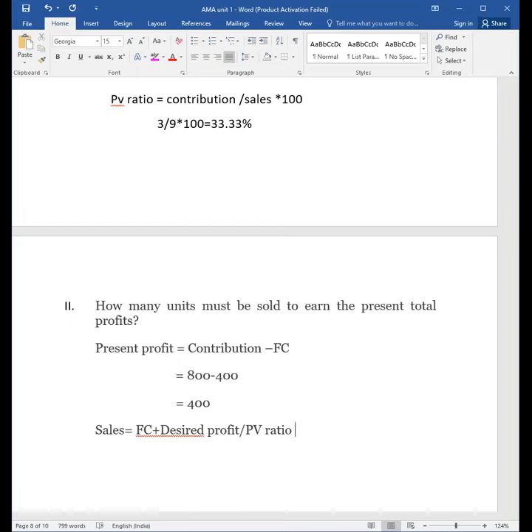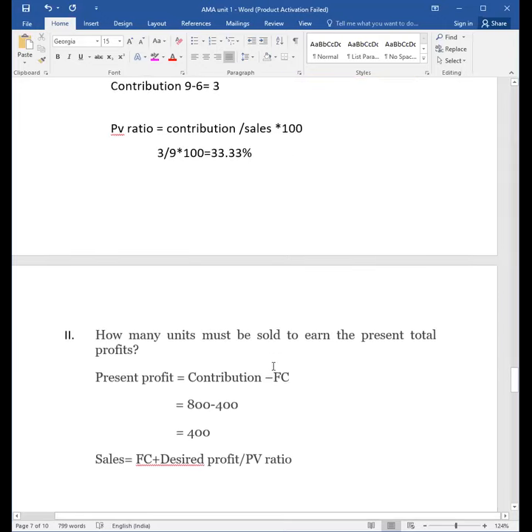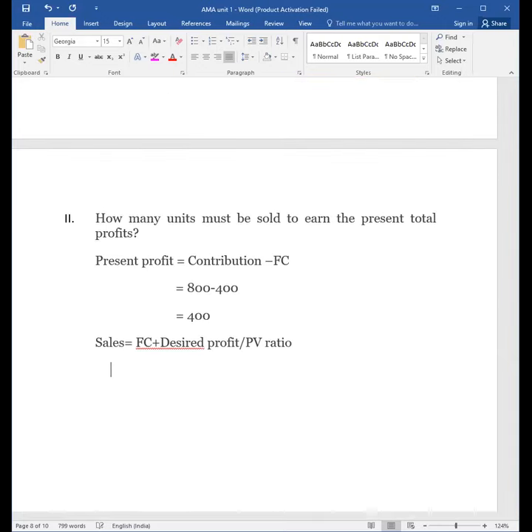In the current situation, you are earning 400. For the changed PV ratio, we take the fixed cost of 400 as given in the problem plus the desired profit of 400, the whole divided by 33.33%. It's not 400 divided by 3.